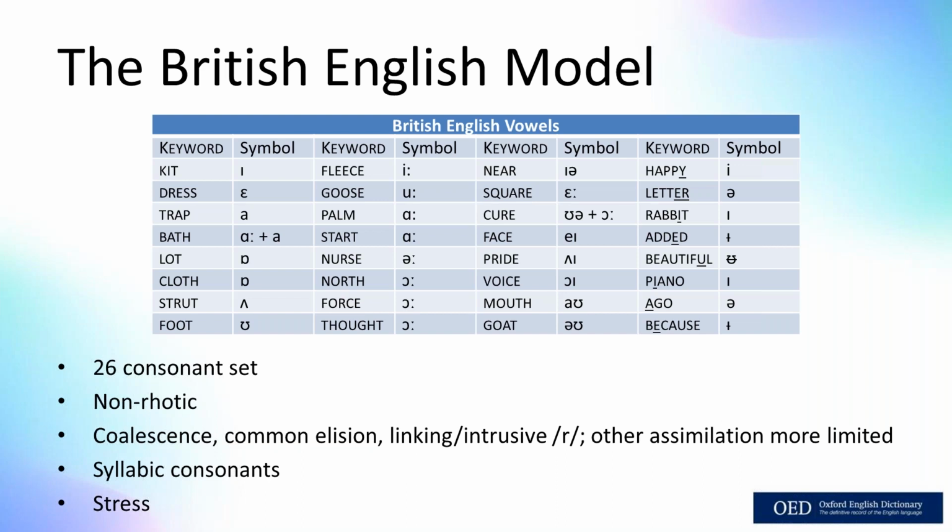Now, we are representing a non-rhotic variety, so r does not pattern as it does in, say, US English. Coalescence, I've indicated already, but that is represented by the inclusion of both forms. So traduce, for example, has both traduce and traduce as options.